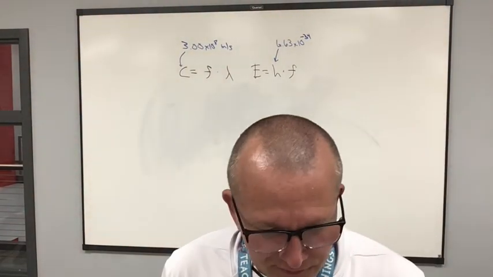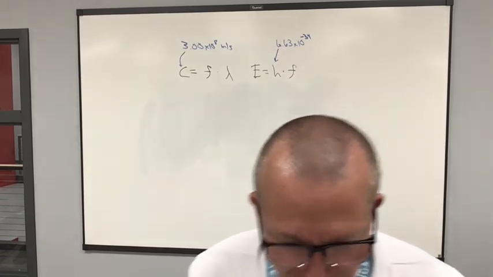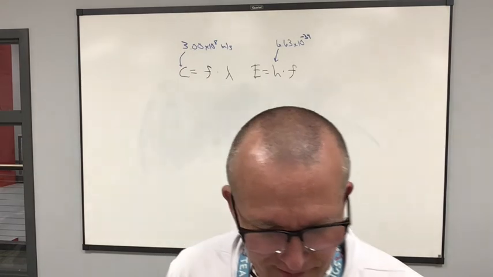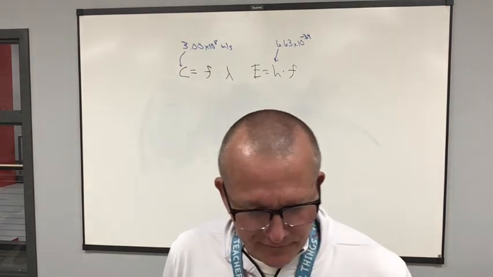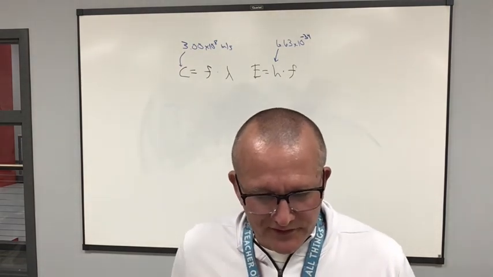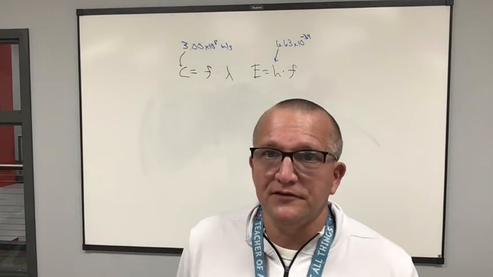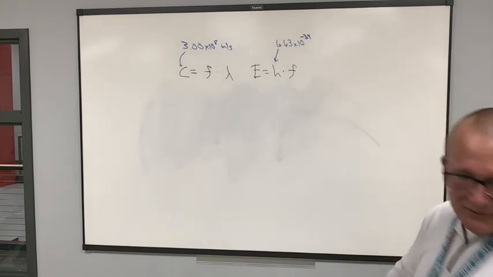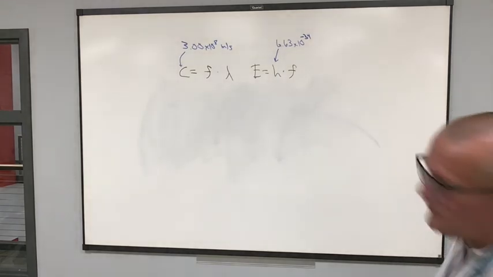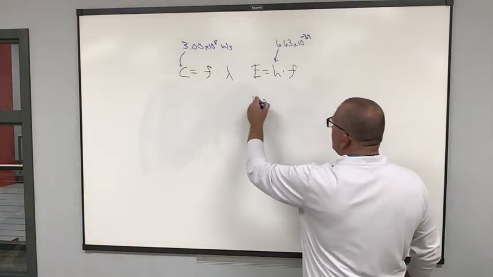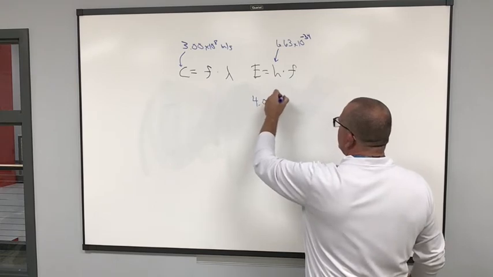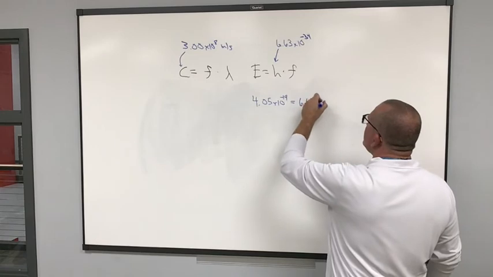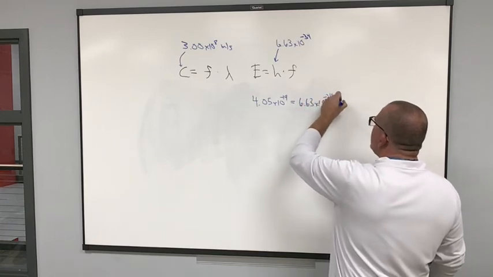All right, so number 12 has two parts. What is the frequency of light given off by an electron that loses 4.05 times 10 to the negative 19 joules of energy as it moves from the second to the first energy level? And then part B is what's the wavelength. So we're going to use both equations here. The first equation is energy, and we know the energy, which is equal to Planck's constant times frequency.